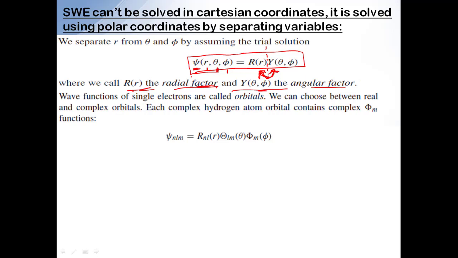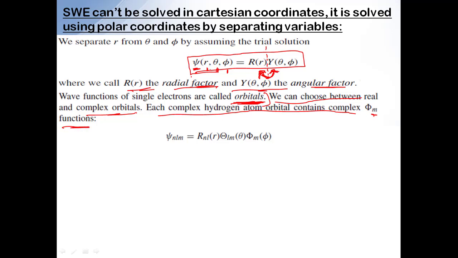Now, wave functions of single electrons are called orbitals. We'll be seeing how orbitals look like and what orbitals are, but at this juncture, just skip it. We can choose between real and complex orbitals. Each complex hydrogen atom orbital contains phi m functions.